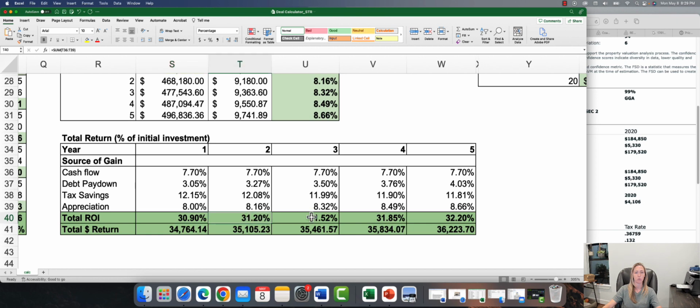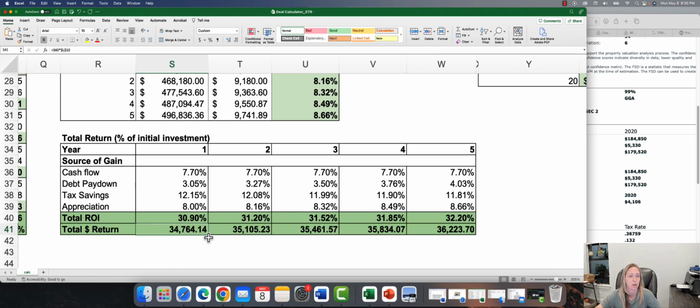Year two, 31, year 5, 32. But this is the true value. Your cash flow is important, but all these other numbers are really what you're holding that property for. So you're averaging about $35,000 net profit, total return on your property for this property.